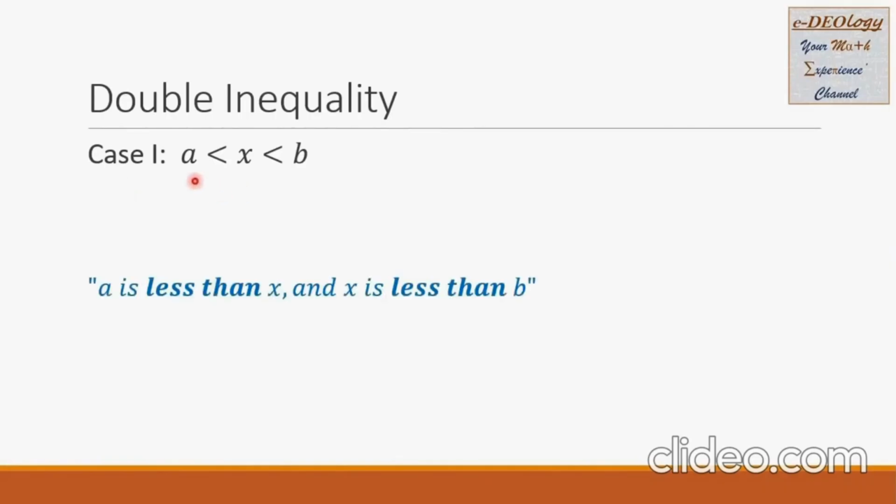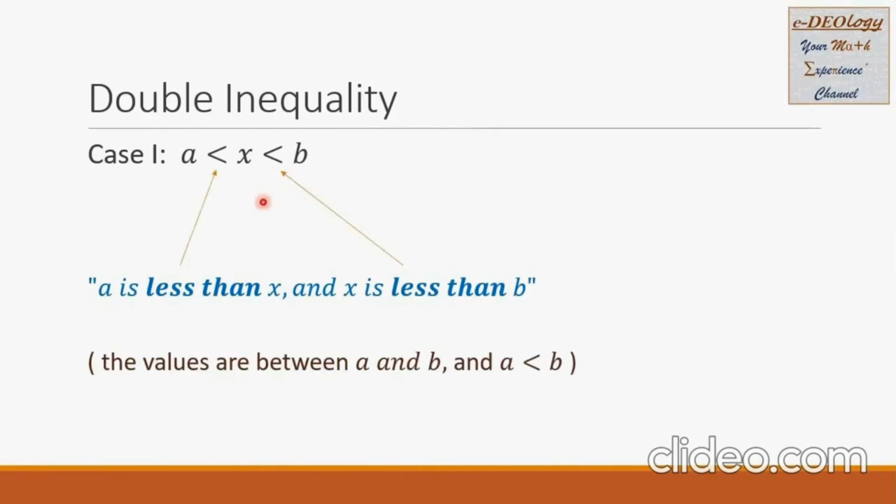We read this as a is less than x and x is less than b. Take note that the values are between a and b, and a is less than b.